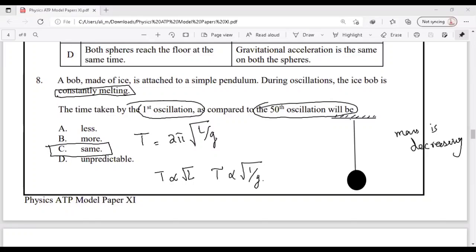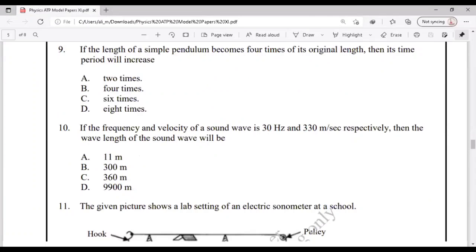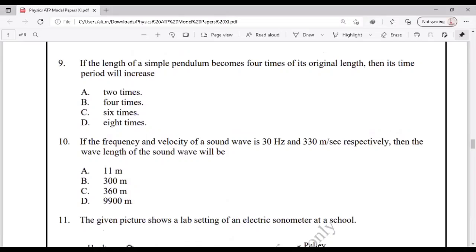Let's come to questions number 9 and 10. In question number 9, the length of the pendulum has become 4 times the original length. So if the original length is L, the new length is 4L. As I have mentioned, the time period is directly proportional to the square root of length.